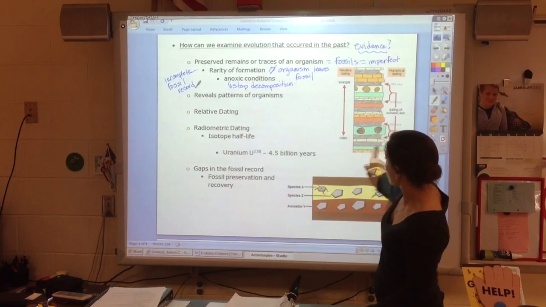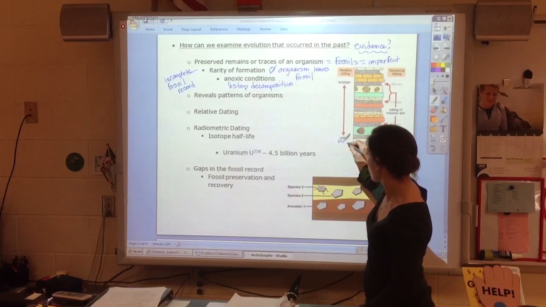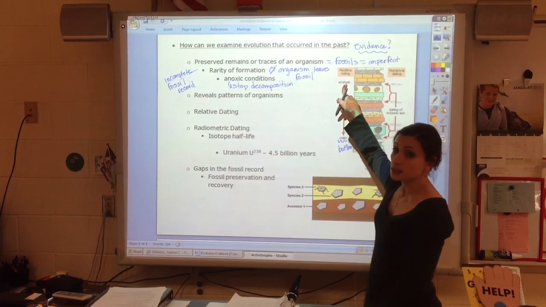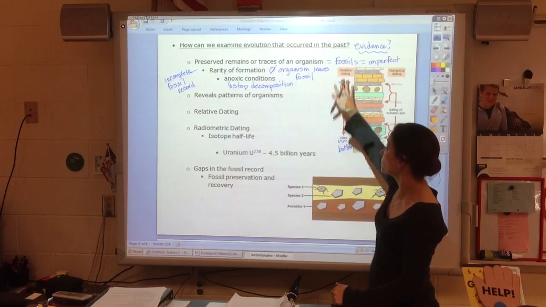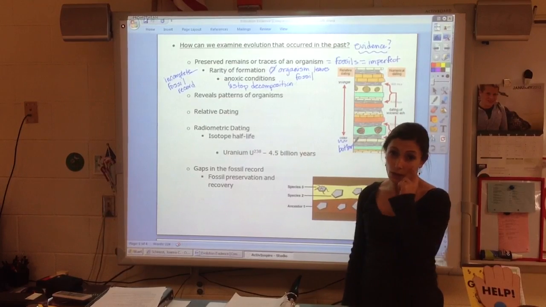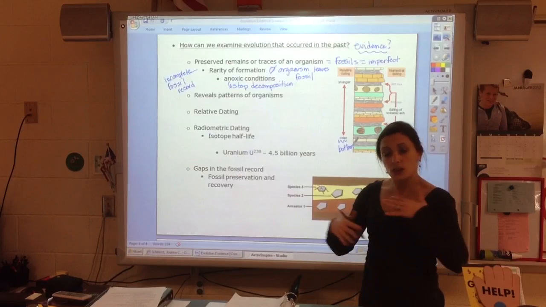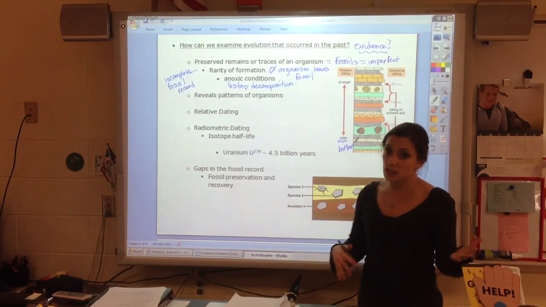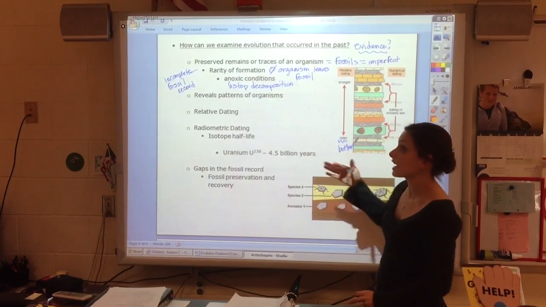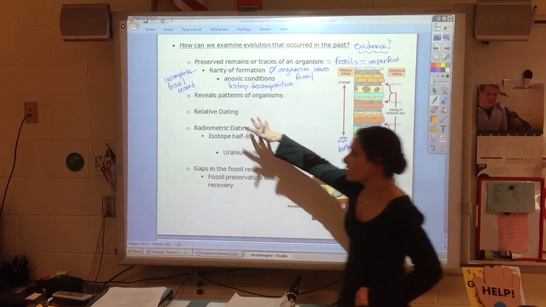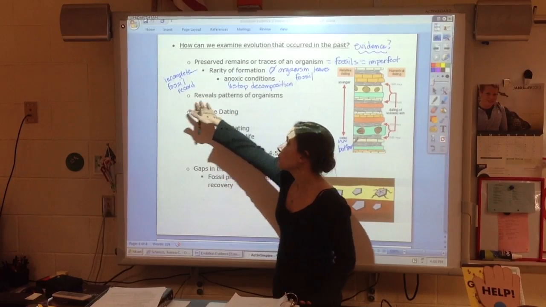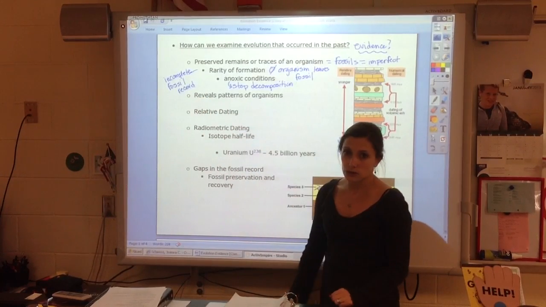The older the clothes are down towards the bottom. The more recent or the younger clothes would be up more towards the top. Of course, this only works if your laundry basket stays intact and if the laundry actually gets into the laundry basket. So it's an okay analogy for the idea that we have an incomplete fossil record, but it does reveal some patterns of organisms.